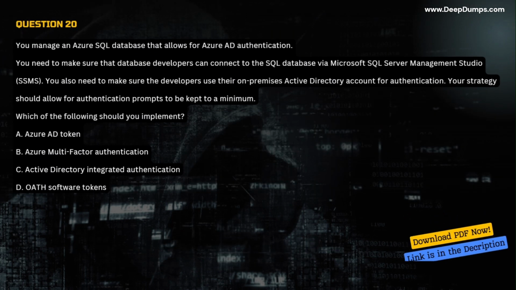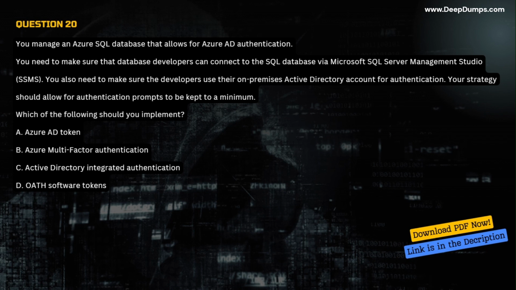Question 20. You manage an Azure SQL database that allows for Azure AD authentication. You need to make sure that database developers can connect to the SQL database via Microsoft SQL Server Management Studio, SSMS. You also need to make sure the developers use their on-premises Active Directory account for authentication. Your strategy should allow for authentication prompts to be kept to a minimum. Which of the following should you implement?